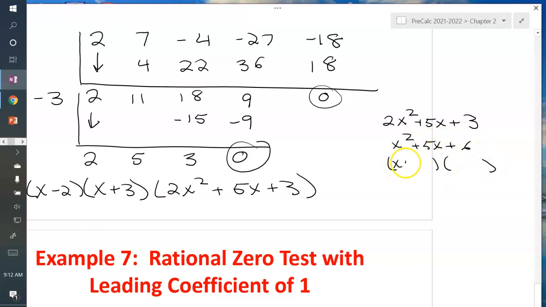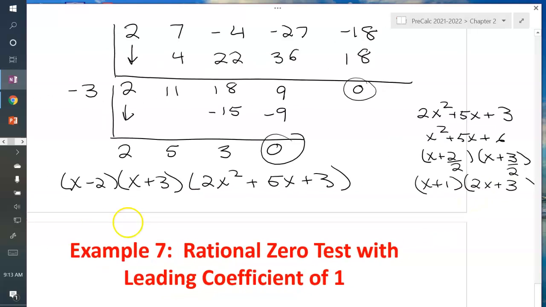Factor that: x plus 2 times x plus 3. And then since I slipped a 2, I got to slide a 2, divide by 2, and I get x plus 1. This one doesn't reduce, it's just a fraction here, so I'm going to bottoms up on the 2, so I get 2x plus 3.